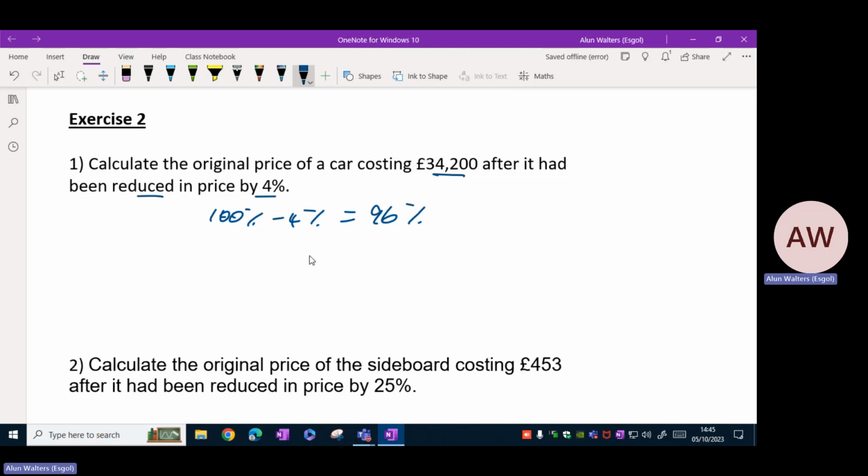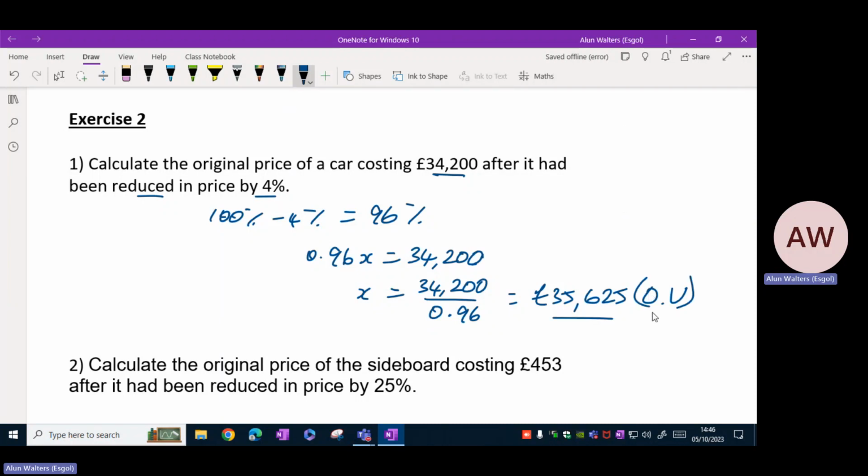So I'm going to make the statement of 0.96 times the original value is 34,200. So the original value is 34,200 shared by 0.96, and I end up with a whole number of 35,625.